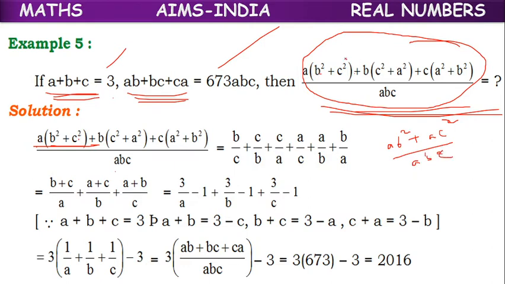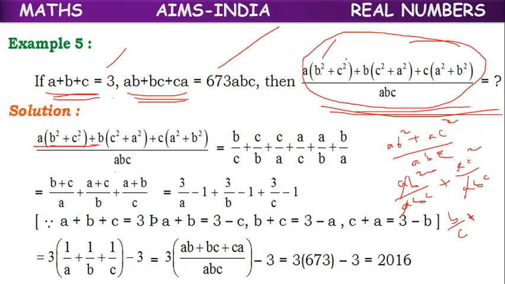If we consider only this part, means if we separate, ab square by abc plus ac square by abc. So a cancel, 1b cancel in b square, numerator b will be there, denominator c will be there.